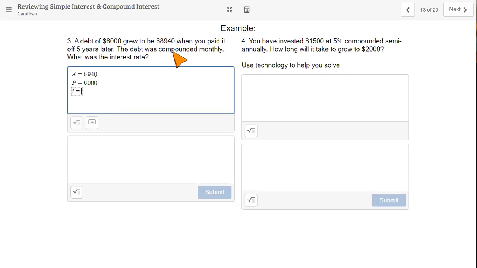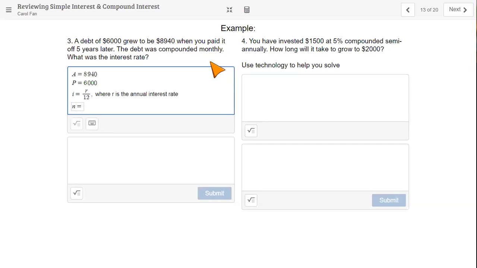But because the interest is compounded monthly, I know that I'm going to have my rate divided by 12, where R is the annual interest rate. And then we have N, 5 years, but every year we're getting interest 12 times. So I have 5 times 12, and that gives us 60 compounding periods.